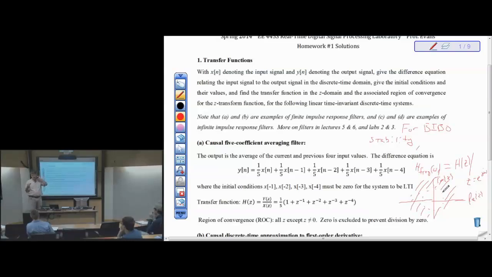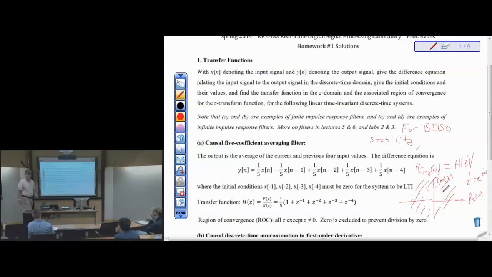Two-sided, basically. You'll see a third option, which is a ring, and we'll get to this in lecture 5 slides. That level of detail is coming. We won't need the ring shape yet.